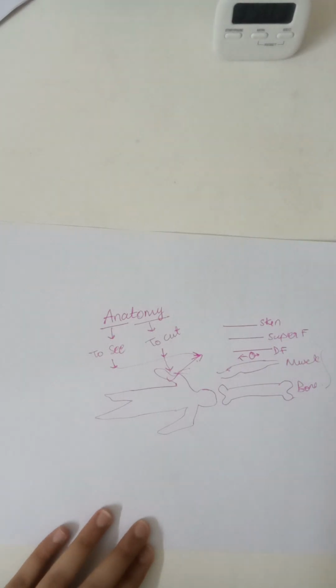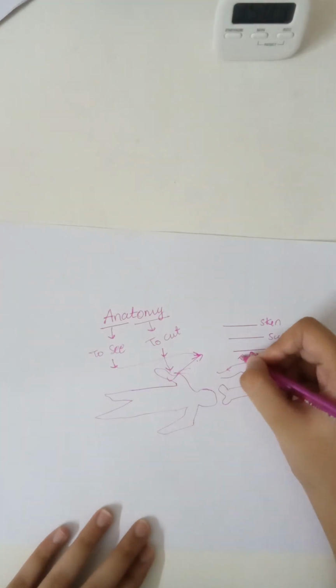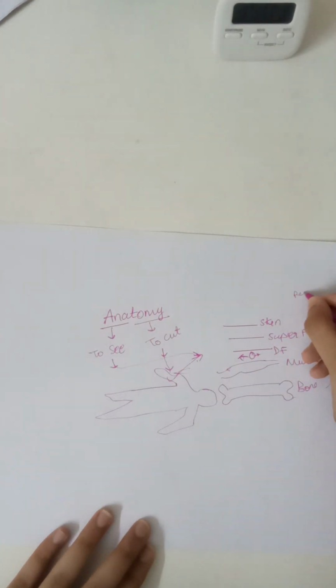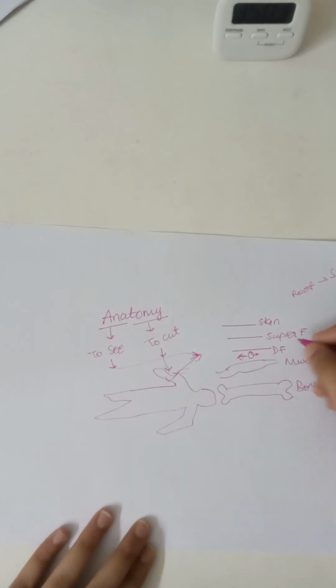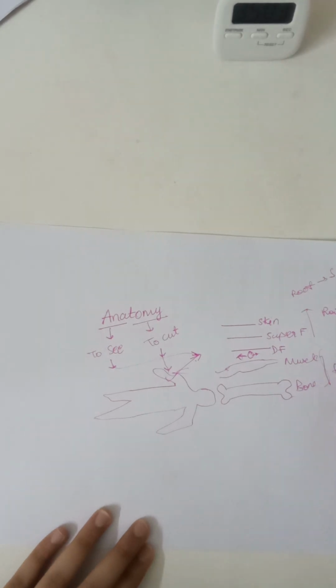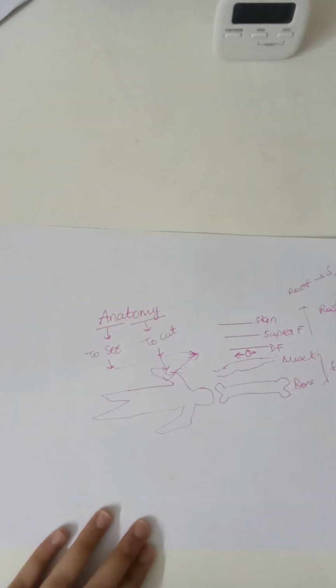We will imagine ourselves and study the boundaries of the structures: roof, floor, content. Imagining ourselves here, our roof contains skin, superficial fascia, deep fascia, and our floor contains muscles and bones.